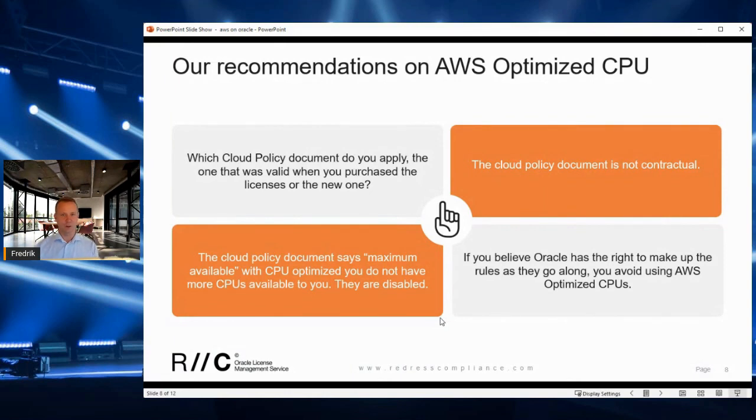Either you do what Oracle claims in their view, and then if you use CPU optimized, it makes no difference because you need to license the full environment. If you use AWS CPU optimized and you want to follow what Oracle claims, you need to license the full instance. But there are actually good arguments for why you should not follow the cloud policy document and how you can interpret that document differently.